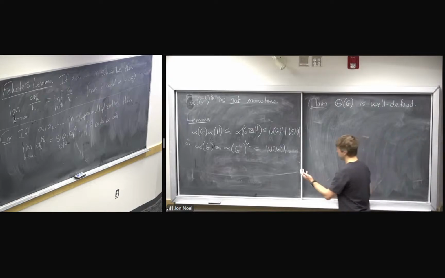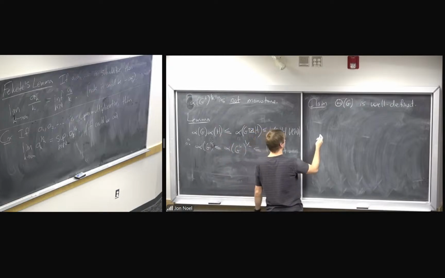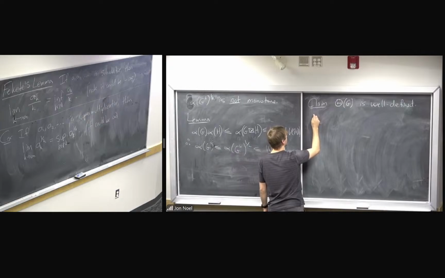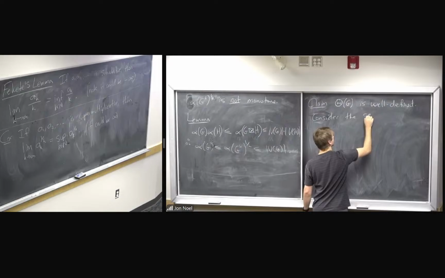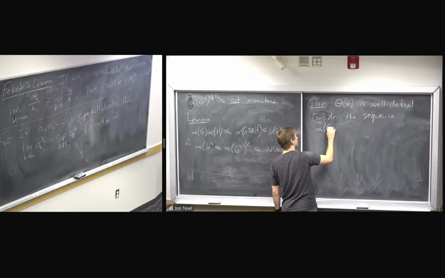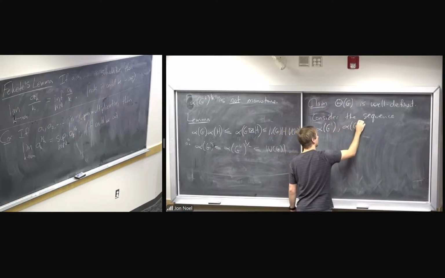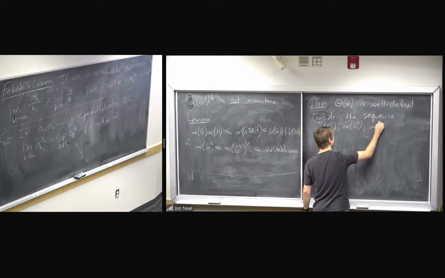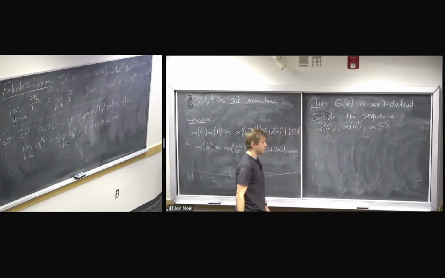Let's just show that it's supermultiplicative. So consider the sequence alpha of G to the 1, alpha of G squared, all these independence numbers of powers of G under the strong product.